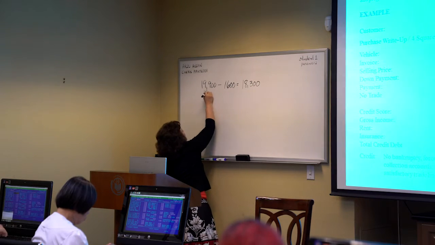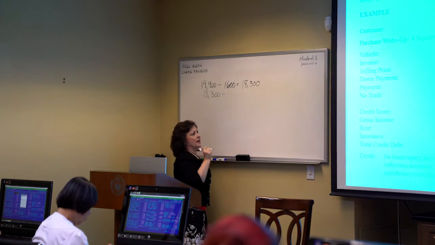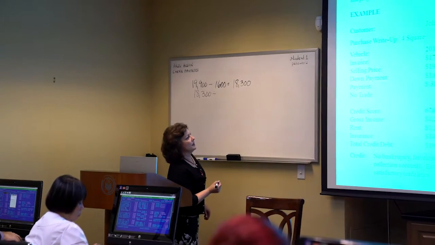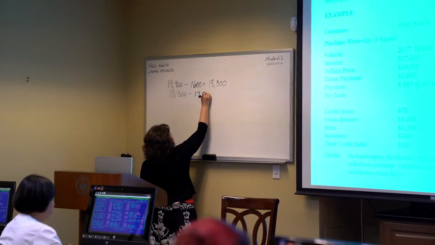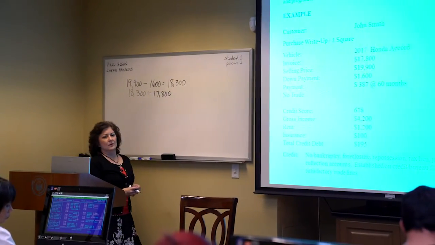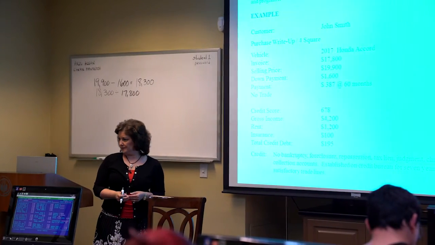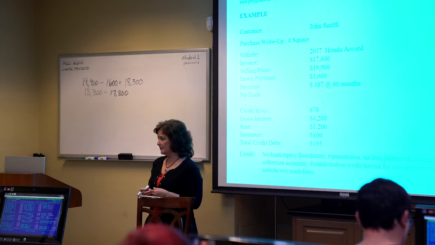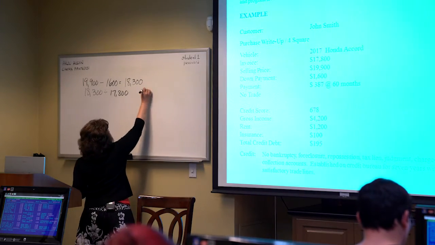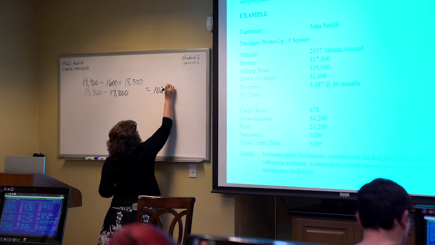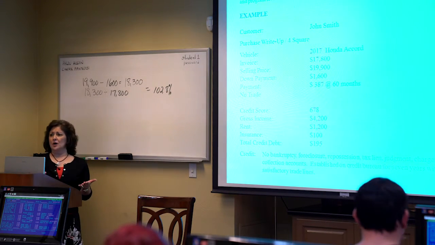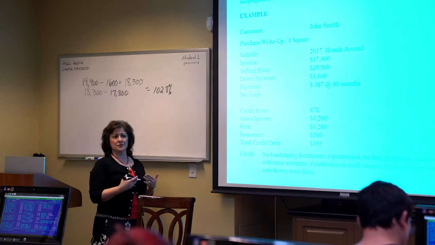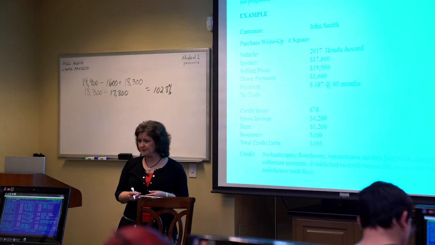I take that number and divide it by invoice because it's a new car. If it was a used car, I would use Kelly Wholesale Blue Book. Invoice is 17,800. What percent do we get for this structure? Yep, 102.8. Okay, 102.8% is how this deal was structured. Once I look at my lender guidelines, I'll know where they fall in relationship to the lender's requirements. So this deal was structured at 102.8%.